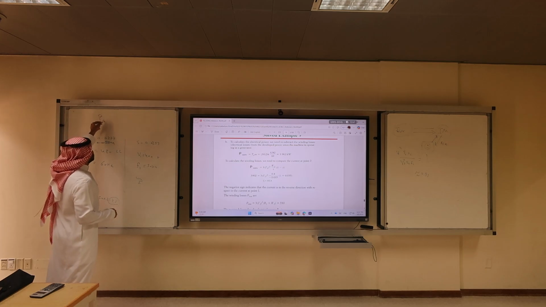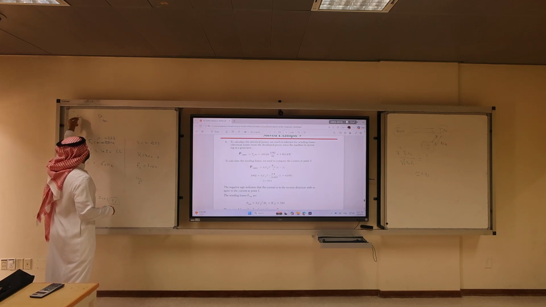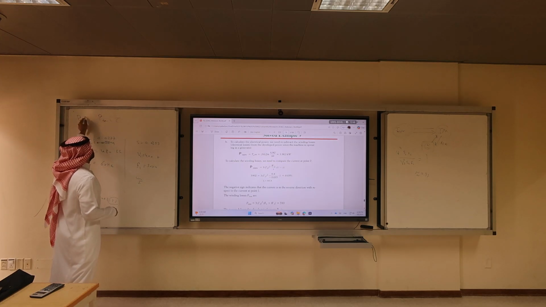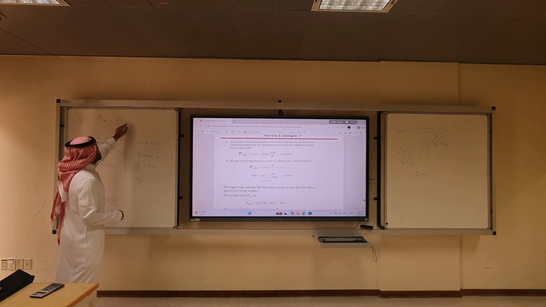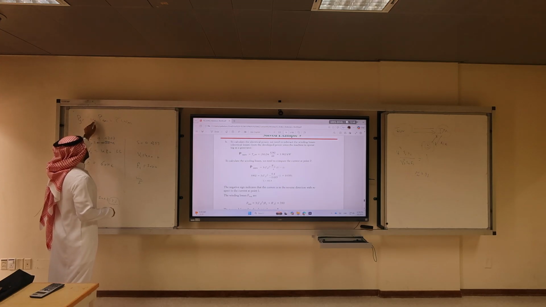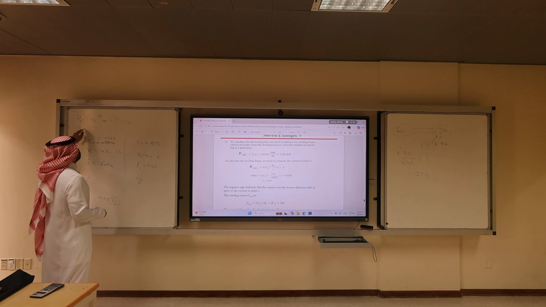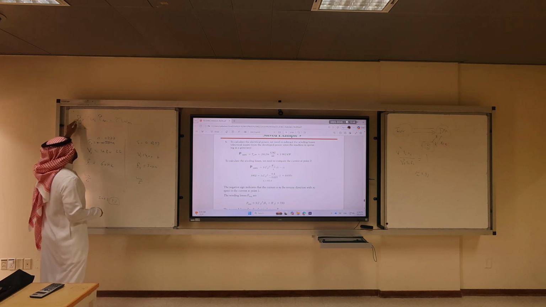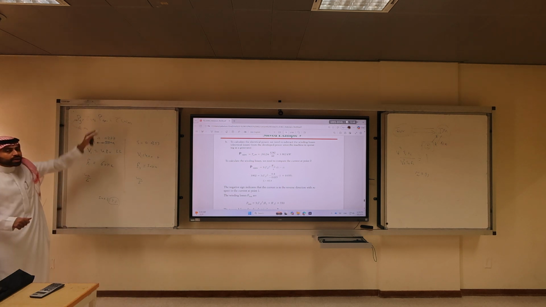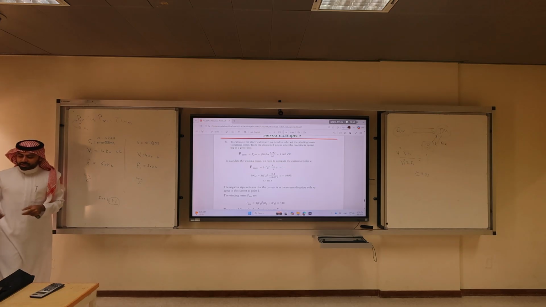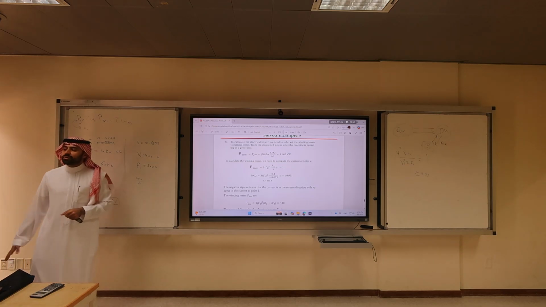P converted versus P gap: all of them have the same torque, but one has omega M, one has omega S. So when they talk about full load, the maximum, they use this. They don't count the I squared, the copper losses. It's the same. I would accept both.